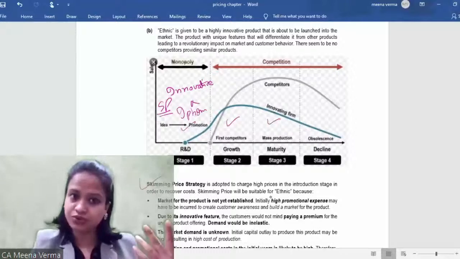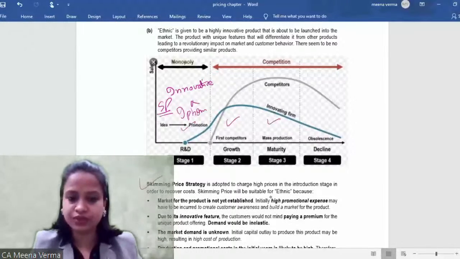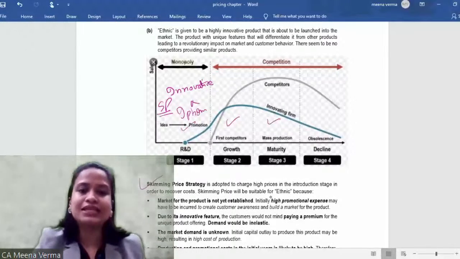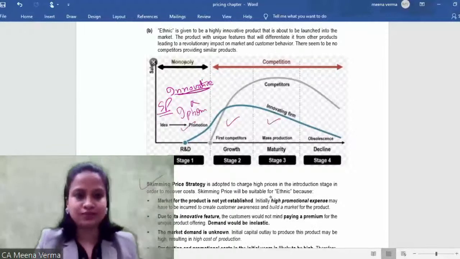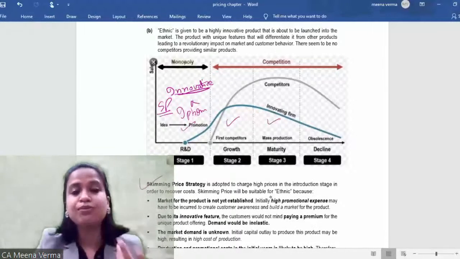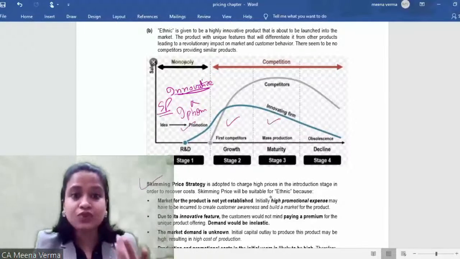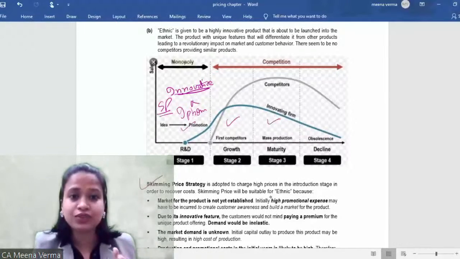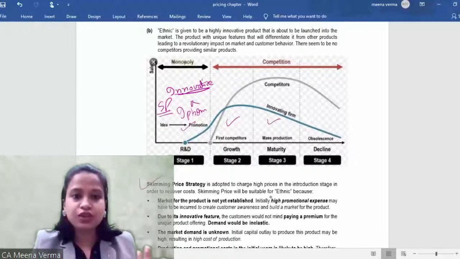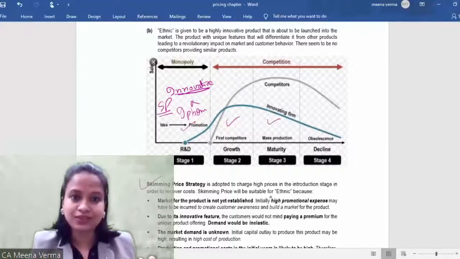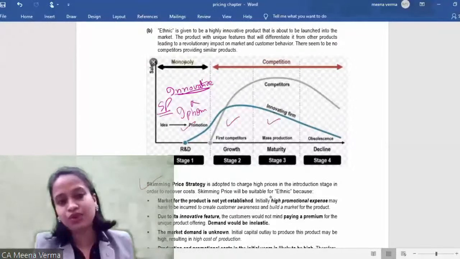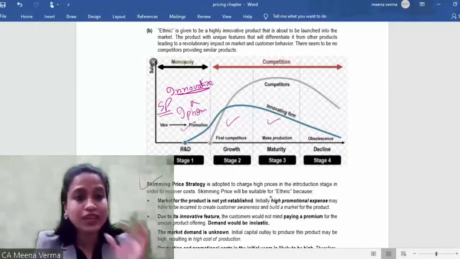And since it is an innovative product, ठीक है, they can charge a premium price. iPhone was charging a premium price of 50,000 for a phone. Why 50,000? Because that was an innovative product.